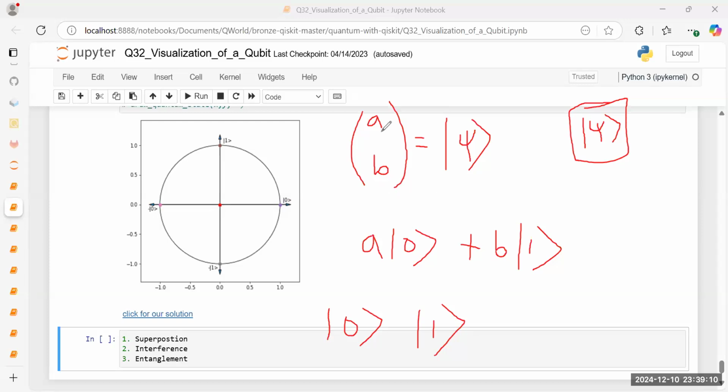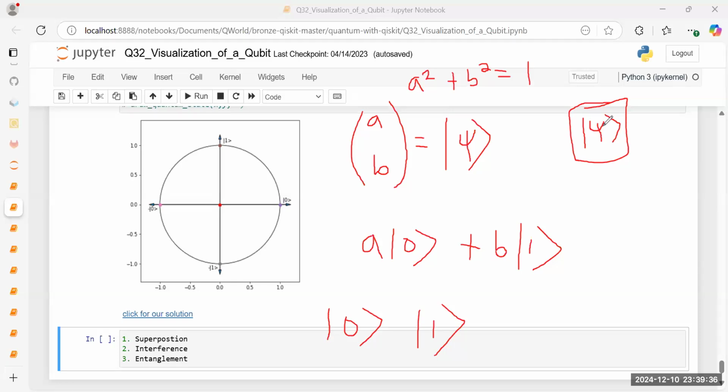as long as we follow the rule whereby a squared plus b squared is equal to 1. So as long as this rule is obeyed, this is a possible value that we can store in a single qubit.